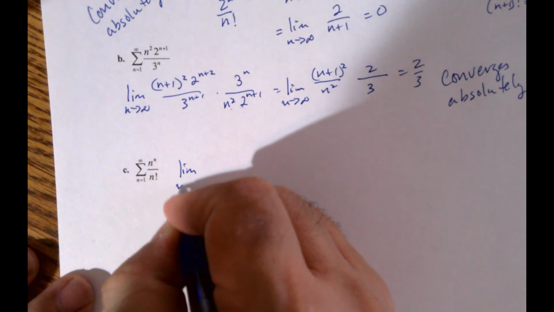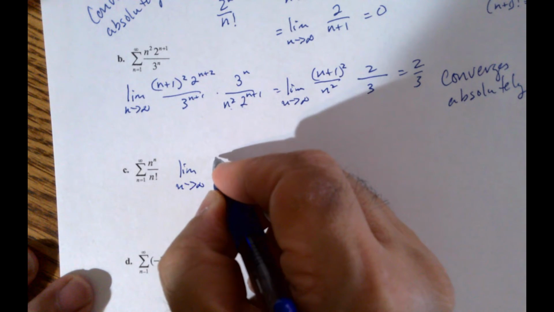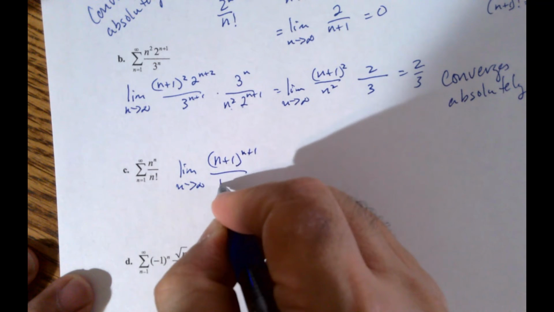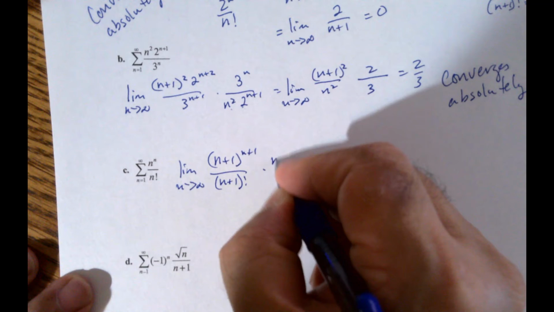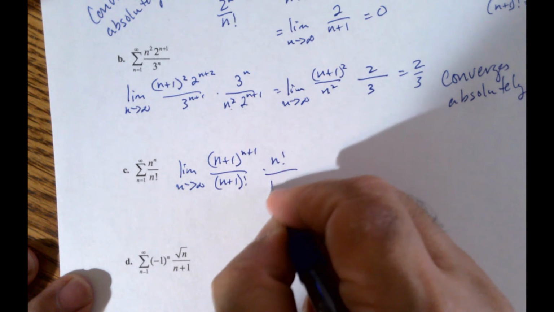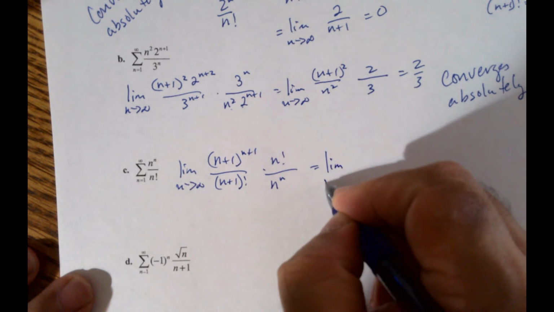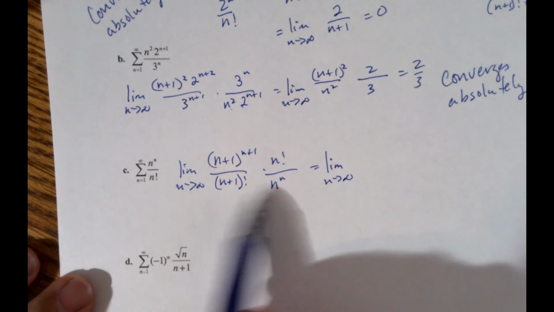That will be n plus 1 to the n plus 1 over n plus 1 factorial. Multiply that by the reciprocal of that term. Okay, do some algebra. So we'll swap these two.